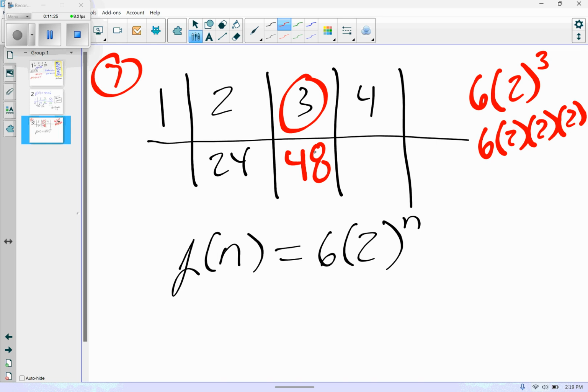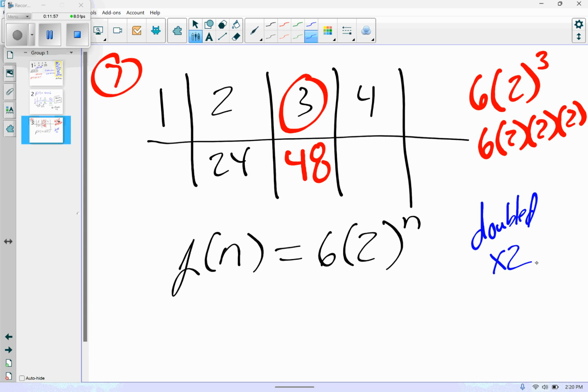Oh, but then take a look at this. It said the sequence is being doubled at each step. If I double something, I'm multiplying by 2. And is multiplying by 2 the same as adding or subtracting? So they told us everything is doubled, which means I went times 2.